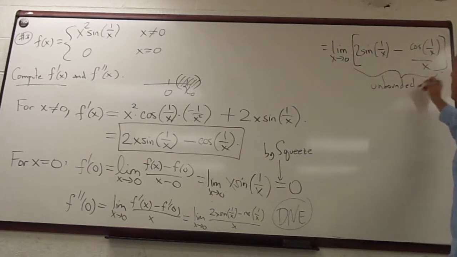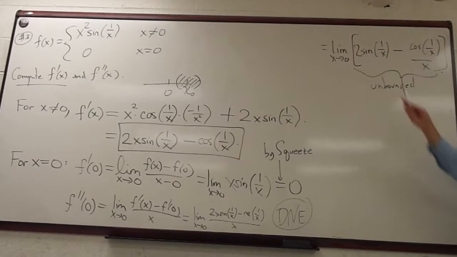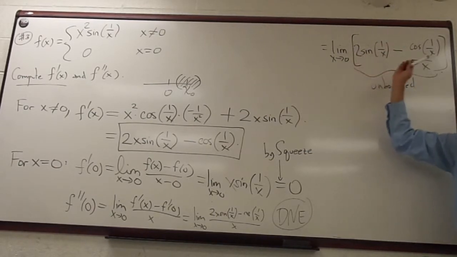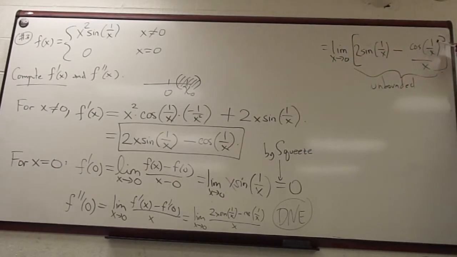So let x approach 0, right? Then this part will be bounded by 2, and this part will become arbitrarily big. So it's unbounded, so it doesn't exist. Unbounded as x approaches 0. Okay?